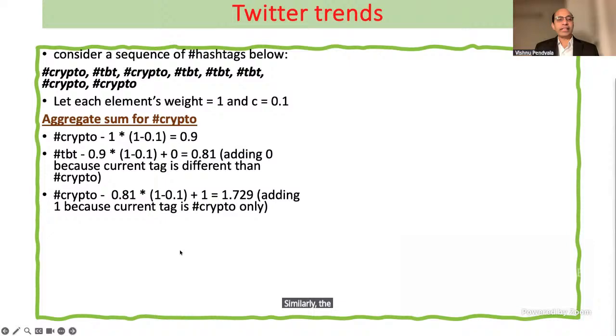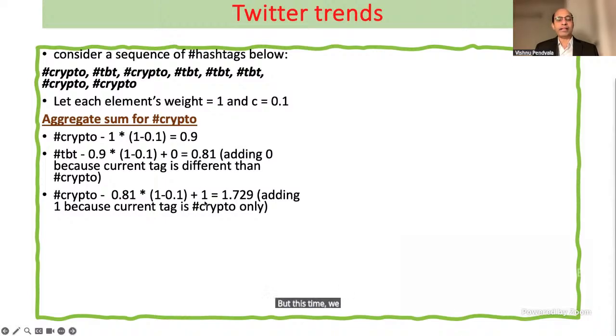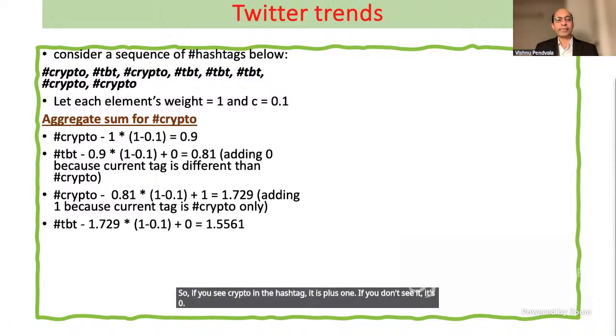Similarly, the next token is hash crypto again. So this time the weight will be 1. We continue to multiply by 1 minus 0.1, but this time we add a 1 because we saw a crypto in the hashtag. So if you see crypto in the hashtag, it is +1. If you don't see it, it's 0.